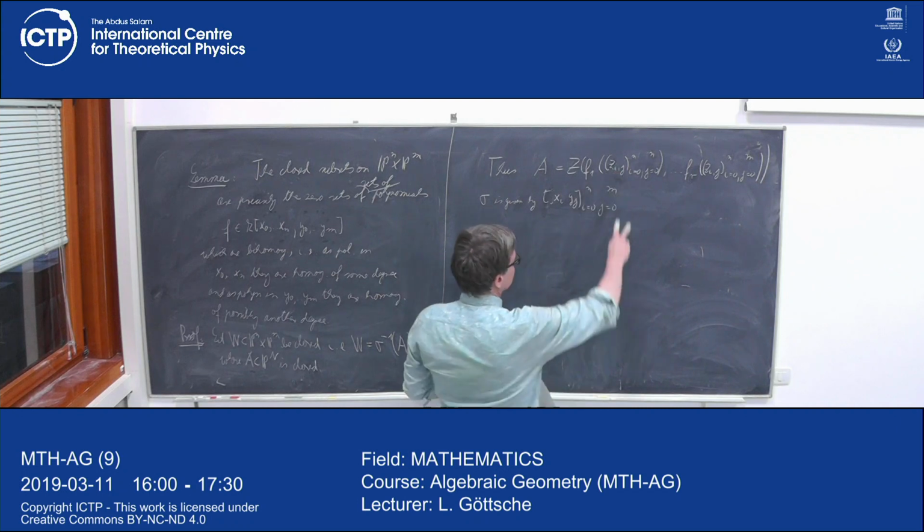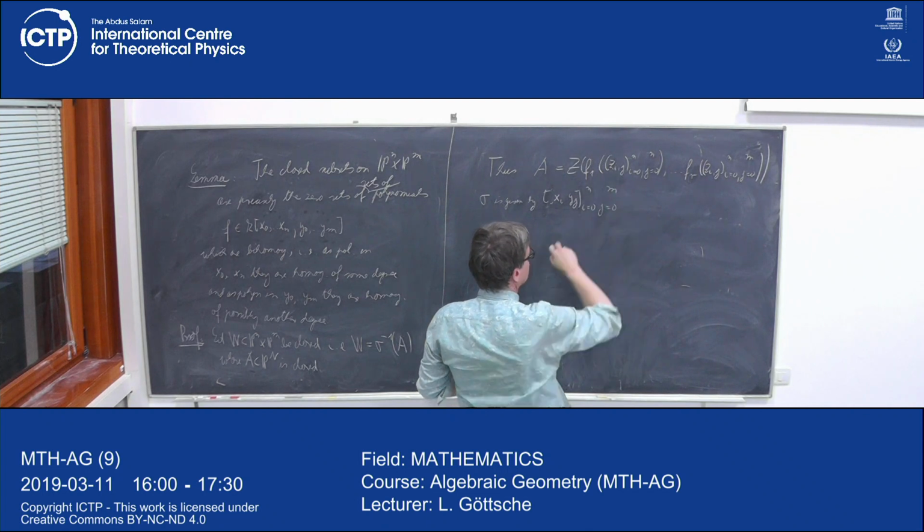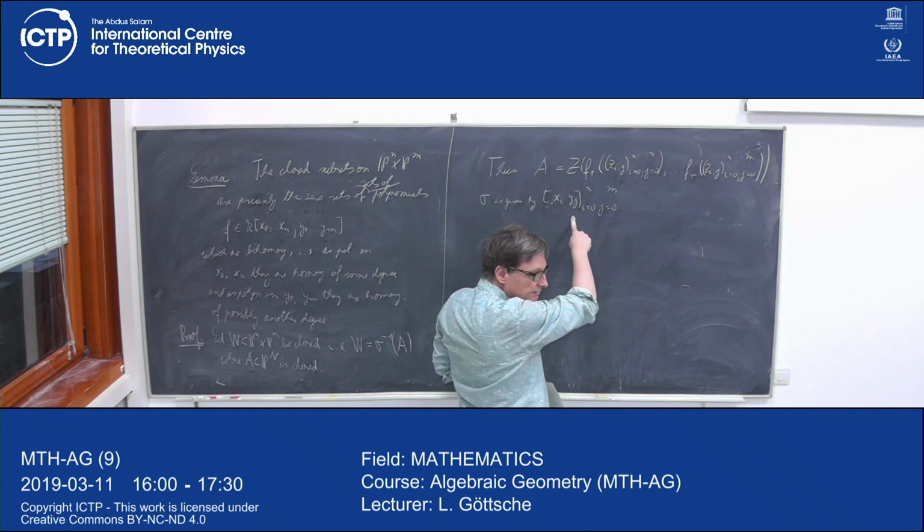The zero set of Zij becomes the zero set of xi times yj.